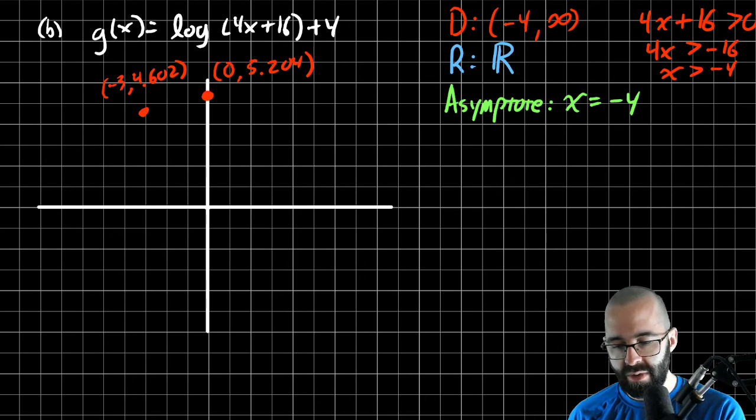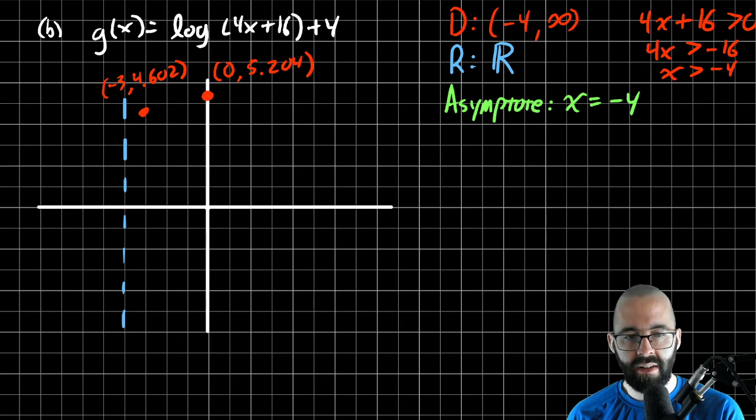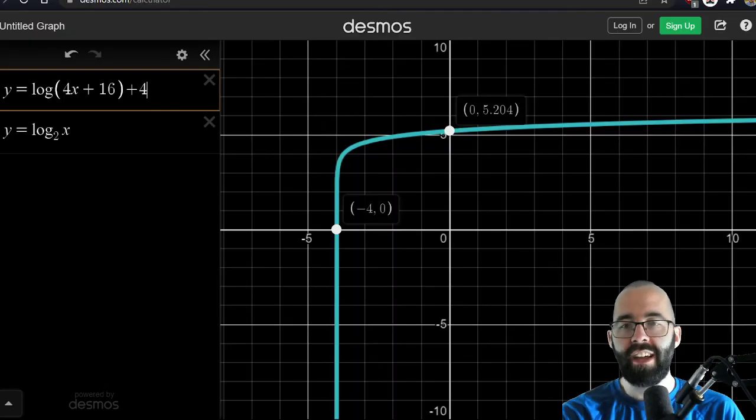Let's do our asymptote. We'll do it in blue. Asymptote is at -4. Goodness, I'm really bad at drawing straight lines. Like so. And then, yeah, this red point is just so close to -4, but it's not actually -4.